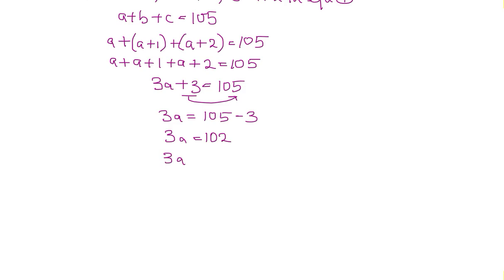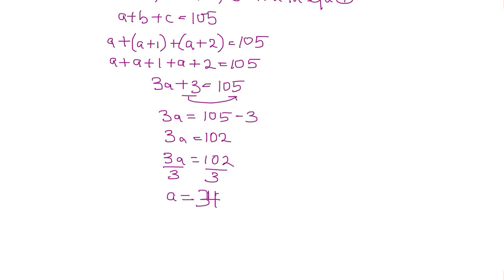Therefore A is equal to 102 divided by 3, and what we get here is A to be equal to 34. So A has to be equal to 34, which is our first number.